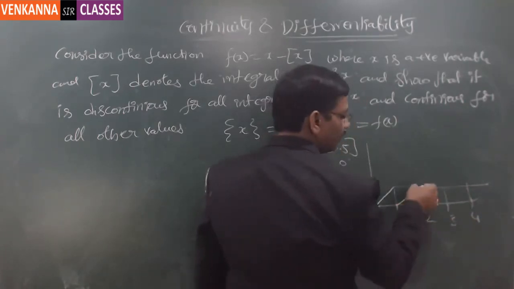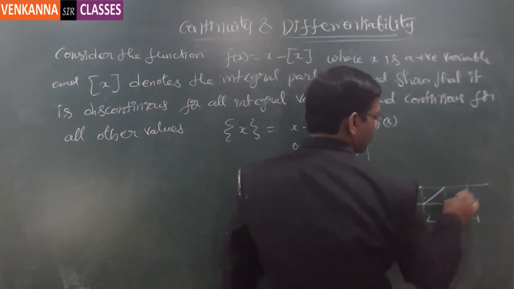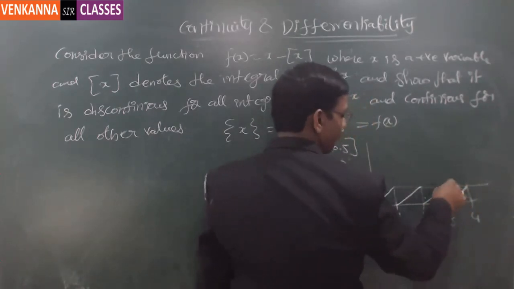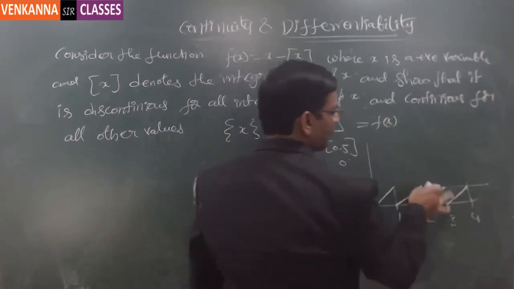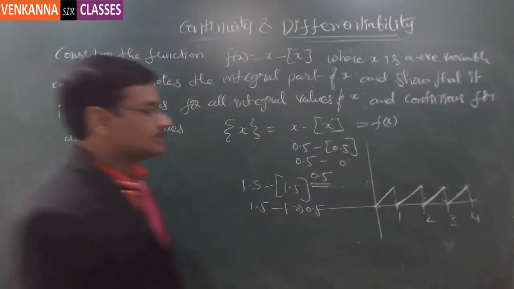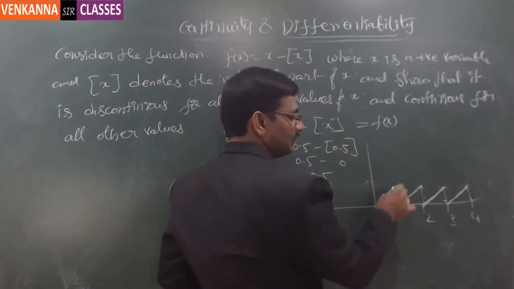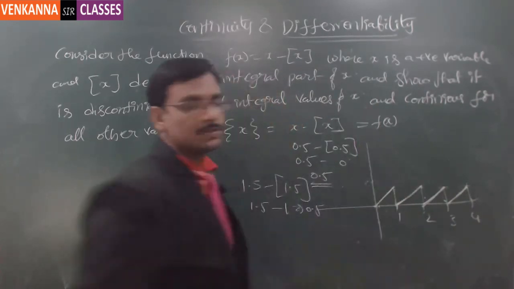So this is the kind of graph you are going to get. This is a sawtooth wave. Now if you notice this graph, at 1 minus the function value is different, and at 1 plus the function value suddenly drops to 0.